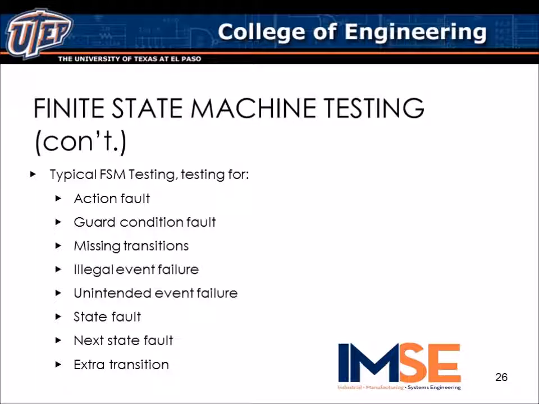A legal event failure, looking for unexpected events that cause failures. Unintended event failure, events that are unexpected causing complete system failure. State fault, checking for extra states in the system. Next state fault, transitions into illegal or incorrect states. And extra transition, checking for legal events that occur at unexpected states.